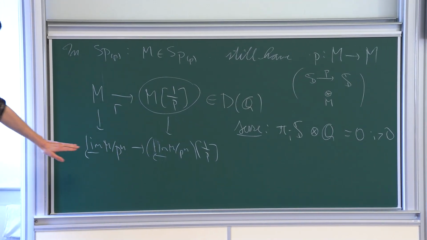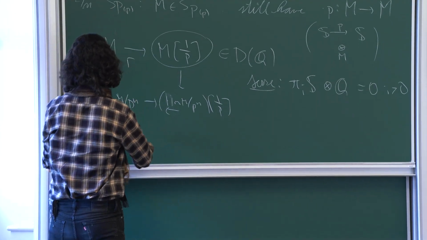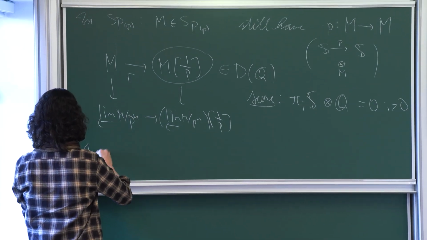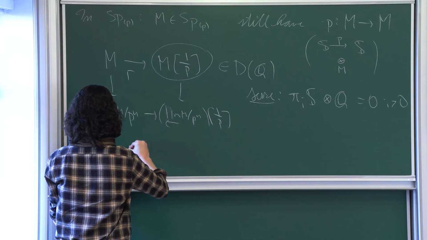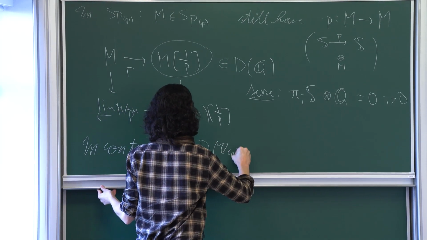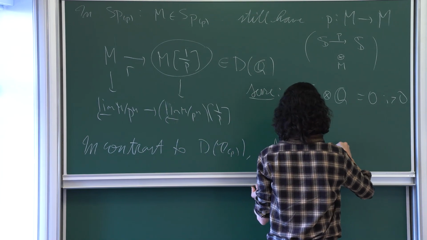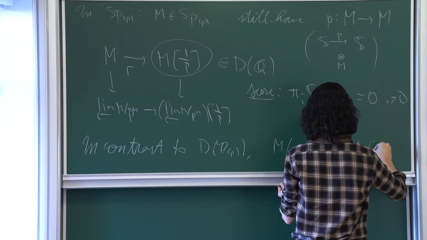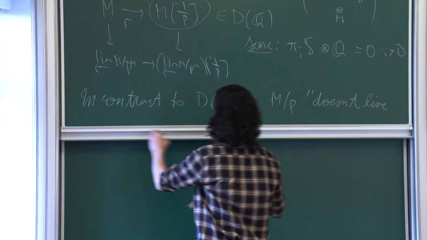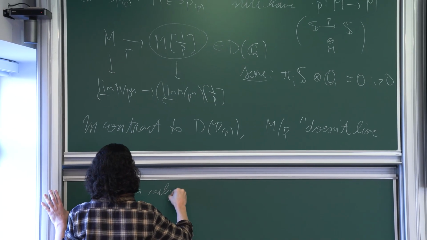So the difference comes down here. In contrast to the D(Z) case, M mod p doesn't live over a field, or a nilpotent thickening of a field.